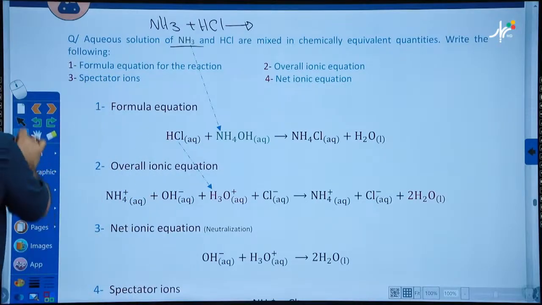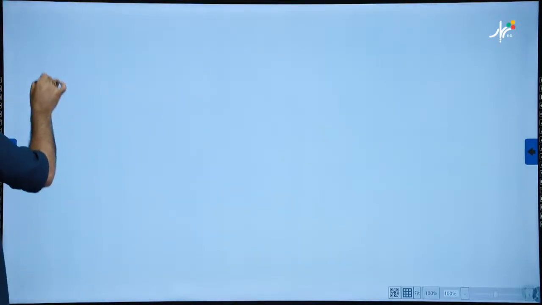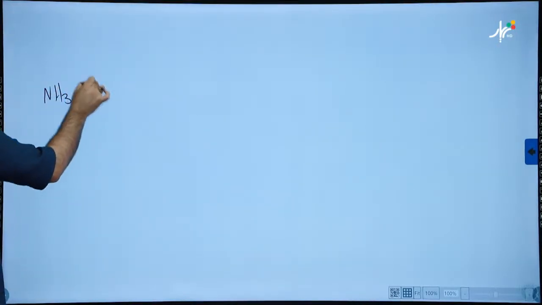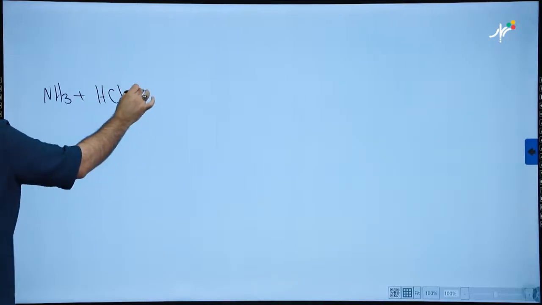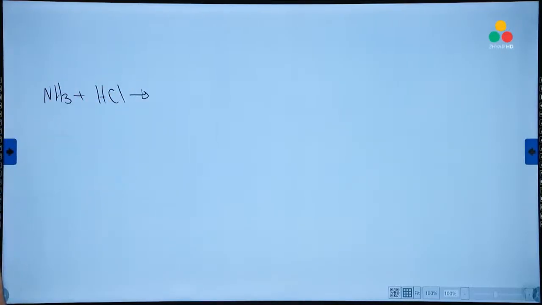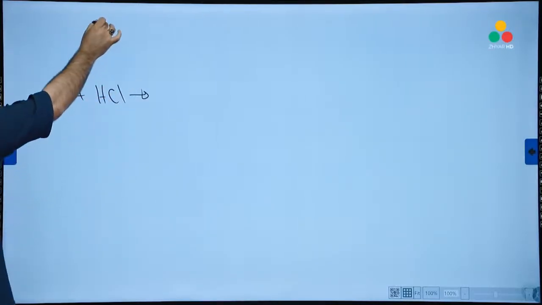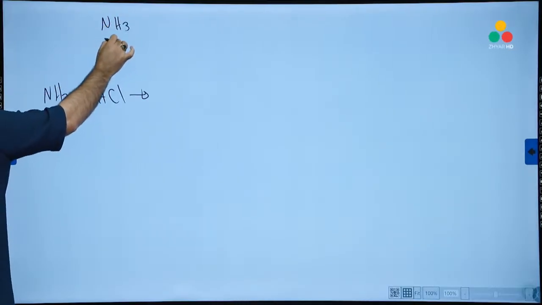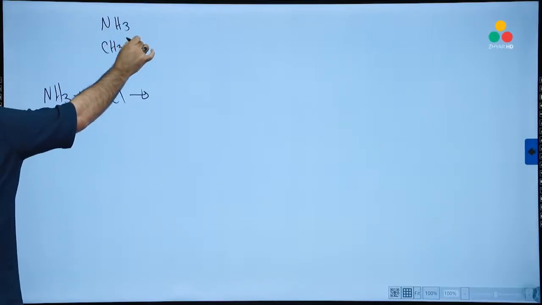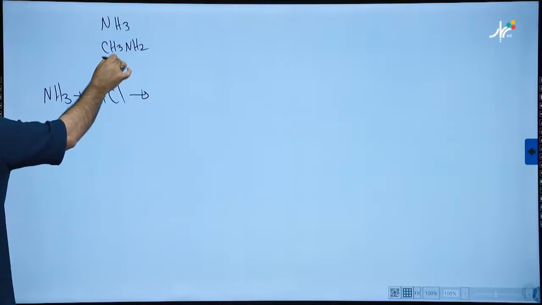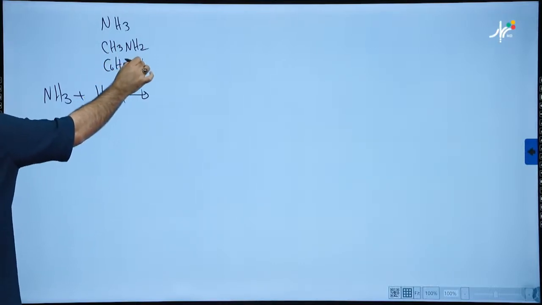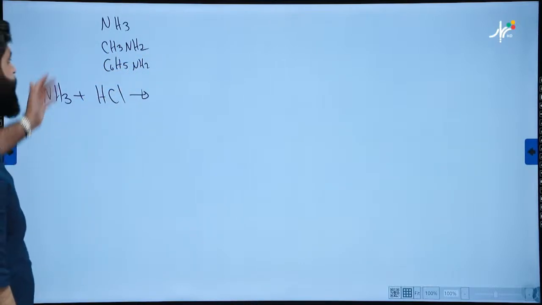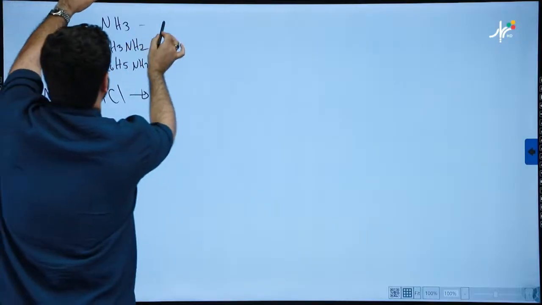Look, NH3 plus HCl. How to write this reaction? Where is the OH of the base? Look, the weak bases, which are NH3, CH3NH2, and aniline, C6H5NH2, in their aqueous solution, they will become what?